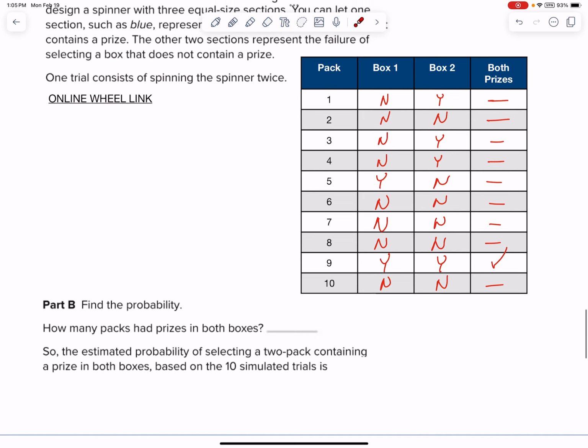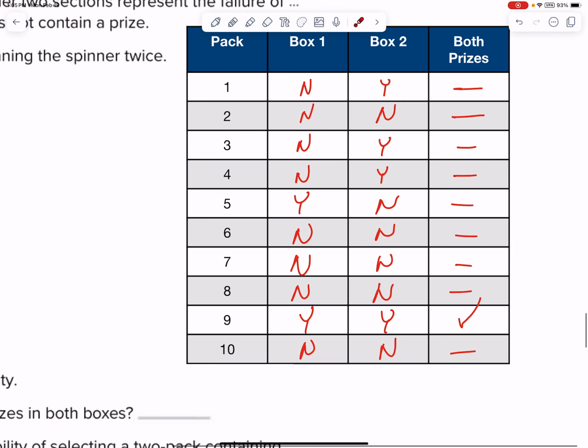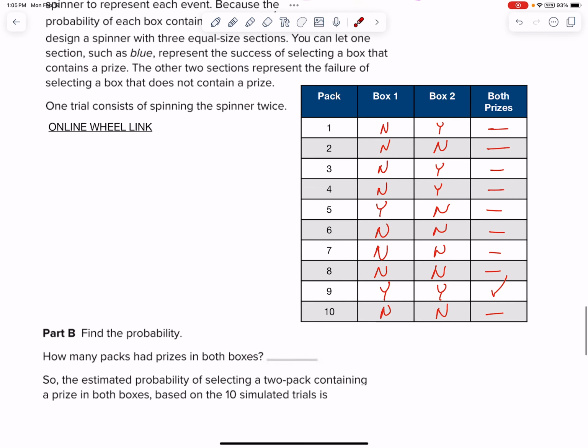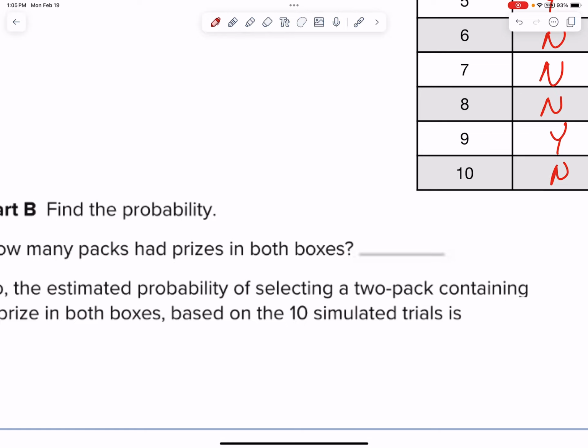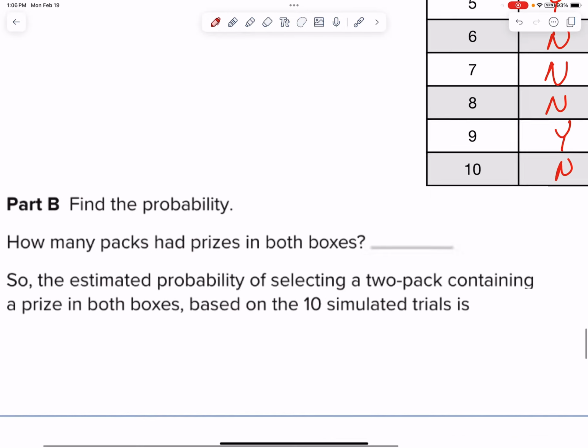All right, so obviously I finished mine, and I only had a yes in 2 spots 1 time. And so the chance of me having both boxes have a prize was only 1 out of 10 for me, but you can write what yours is. Okay, so how many packs have had prizes in both boxes?